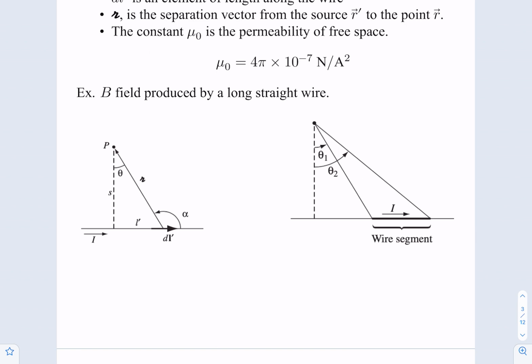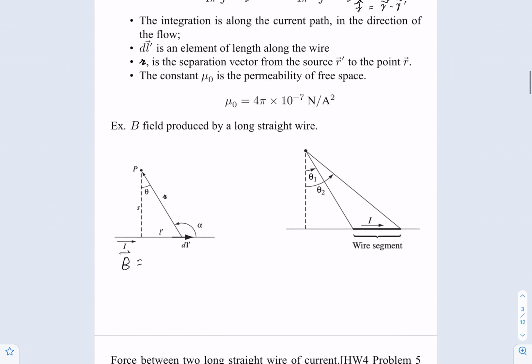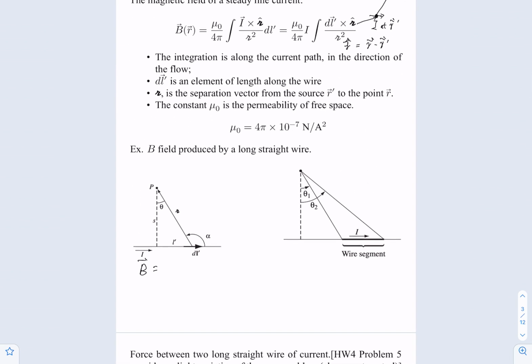Whenever we see a problem like this, we first need to identify the direction of the magnetic field. So here the magnetic field is, I simply copy the equation on top, and there is a constant. Then there is this line element dl, crossed with the separation vector.